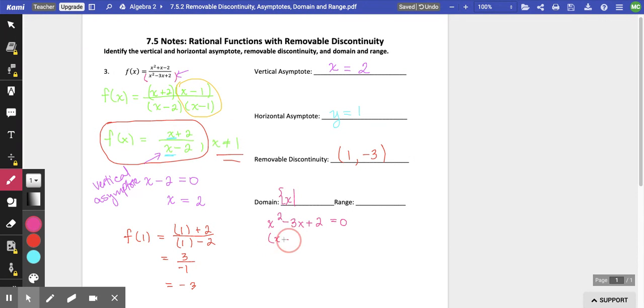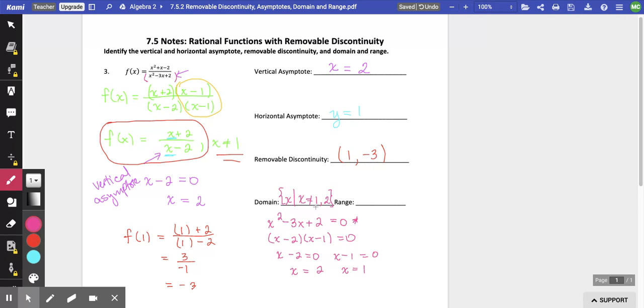We got x minus 2, x minus 1. And then you set each of those factors equal to 0 and solve. And so I'd say x equals 2 and x equals 1. So these are the values of x that are not allowed because they would make the denominator equal 0. So for my domain, I would say x such that x does not equal, and then I would list them in order from least to greatest. So I'd say 1, 2.